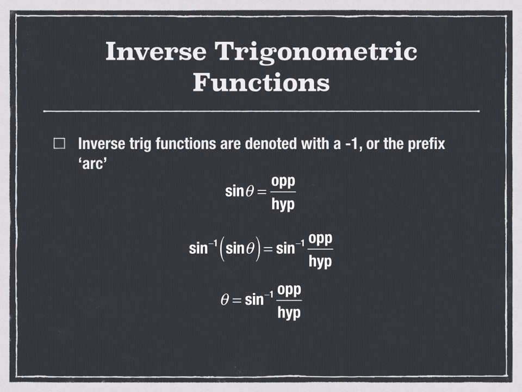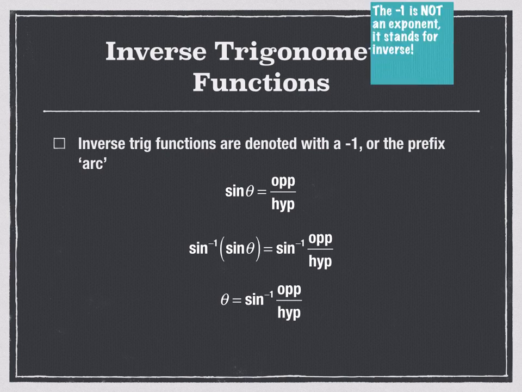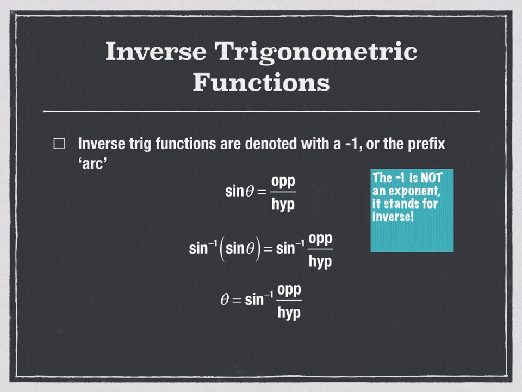Addition and subtraction, multiplication and division, squaring and square rooting, things that happen in Algebra 2 and pre-calculus that you haven't even discussed yet. But everything has something that undoes it. Trigonometric functions have inverse trigonometric functions. The way that we denote an inverse trigonometric function is with that little -1. That is not an exponent. It stands for inverse. So that little sign with the -1 is read as sine inverse.